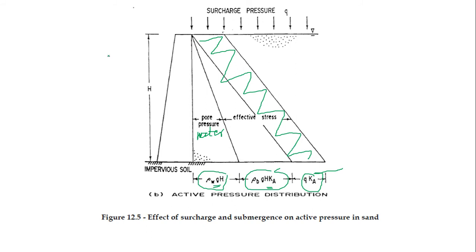Draw the pressure distribution diagram for 1, 2, 3, 4 cases given, and for each case they give 2 marks, or sometimes now in MCQs also they might ask on the pressure distribution diagram. So this is the general pressure distribution I have shown for pore water pressure, earth as well as the surcharge.